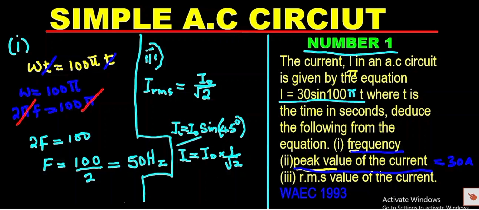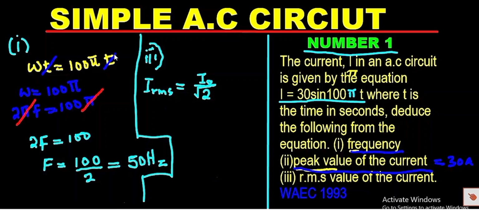All right, let's go back to what we are doing. So at this point, I'm going to have that RMS current is equal to I naught. I found the peak value of the current to be 30, divided by root 2.